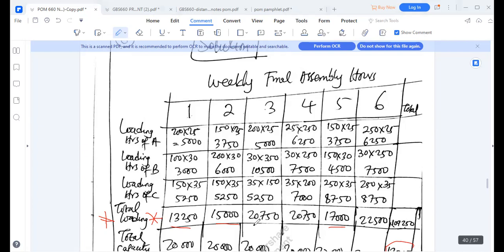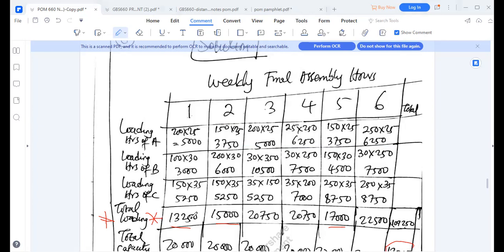If they can still fit in week 1, then we can make a recommendation and changes to the MPS, so that we don't have anywhere with overloading of hours.